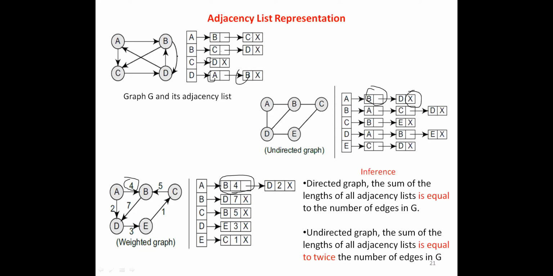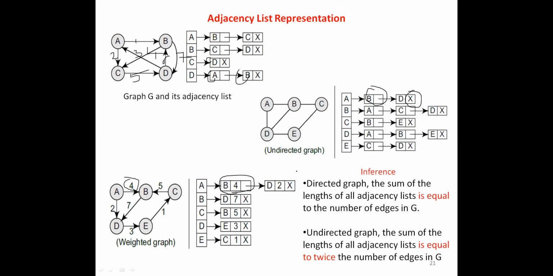From this we can know how many edges there are. 1, 2, 3, 4, 5, 6, 7. This is the inference we get from the directed graph.